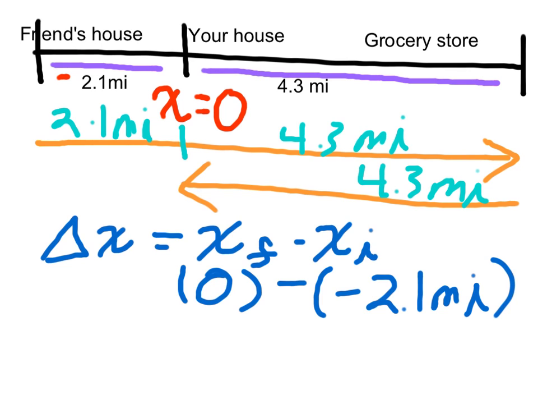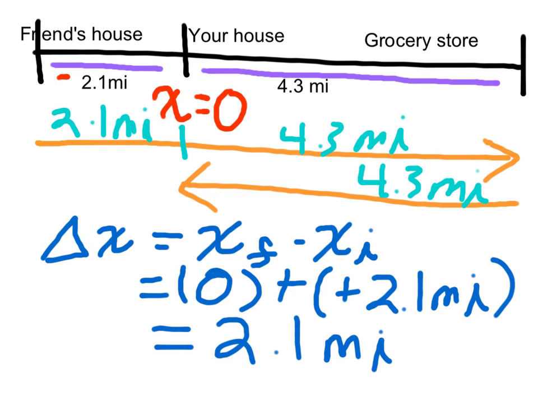Now, a negative subtracted becomes a positive, and so we end up with displacement is 2.1 miles. If you're wondering why I added that equal sign in the middle step, that just shows consistency that I'm still working on the same problem. Nobody will get confused. Convince yourself by putting your finger at the starting place and the finishing place that my answer is correct, that your change in position really is positive 2.1 miles.